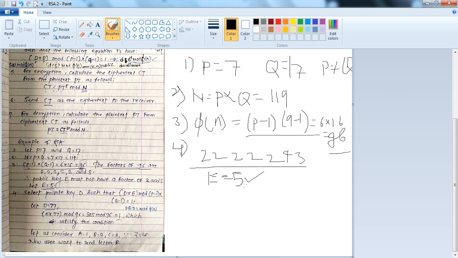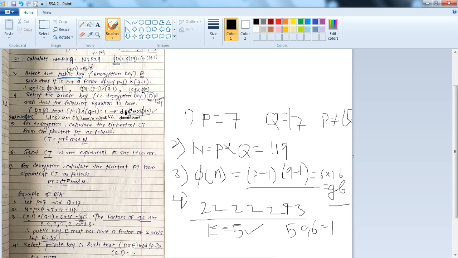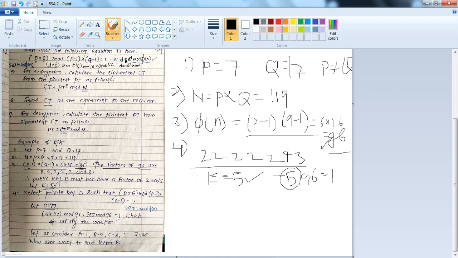If we check the GCD of E, 5, and phi of n, 96, it comes to 1. This condition is also true. Now the other condition: E is greater than 1 and less than phi of n. Phi of n is 96, and E is less than 96 and greater than 1. That's why the encryption key is E, which verifies all the conditions.